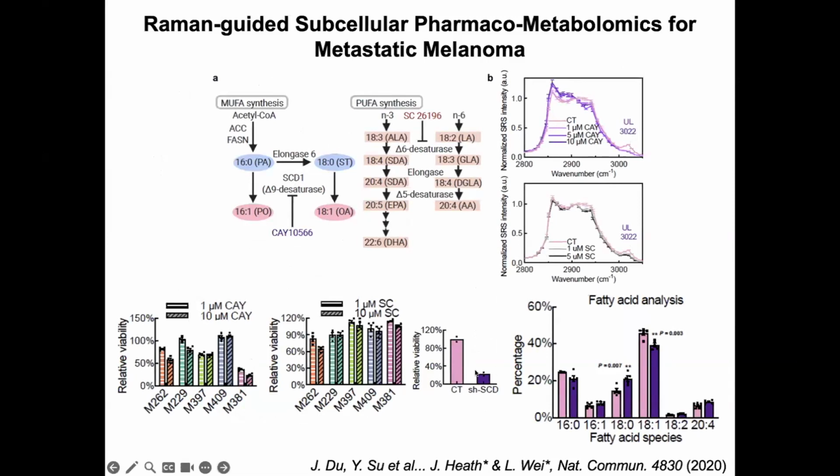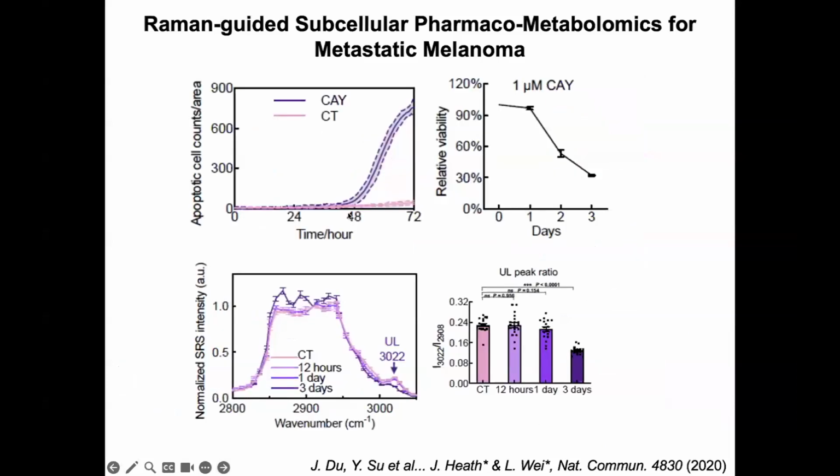This is consistent with what we saw in the RNA data. We further identified using fatty acid analysis that we are mostly blocking the transition from stearic acid to oleic acid. So we did a time lapse of apoptosis. You see this kinetic delay effect, that the cells don't become apoptotic until after about 48 hours of inhibition. This is the same as in time-dependent experiments.